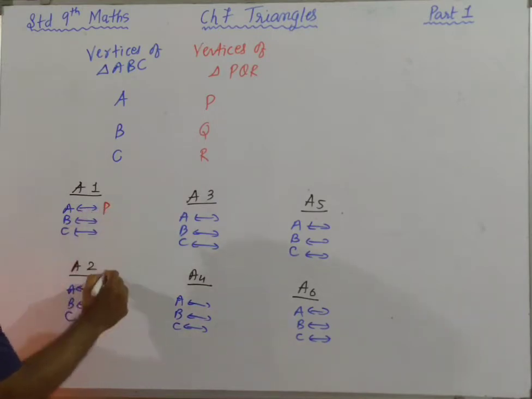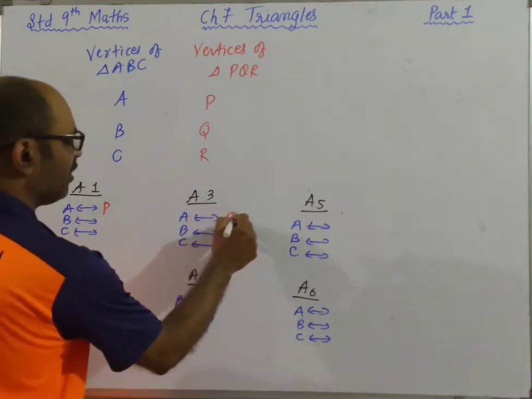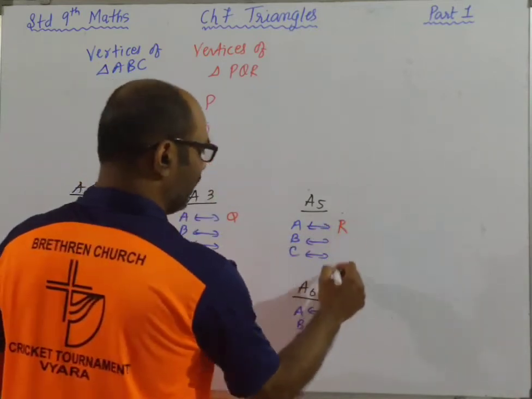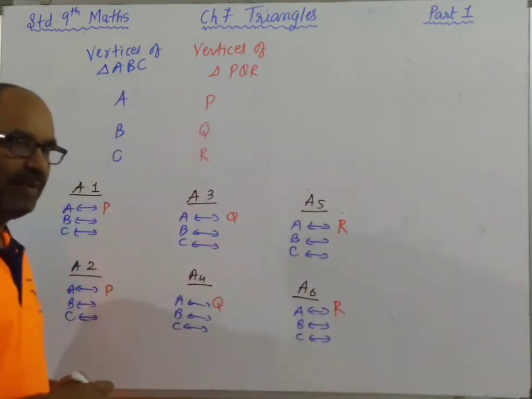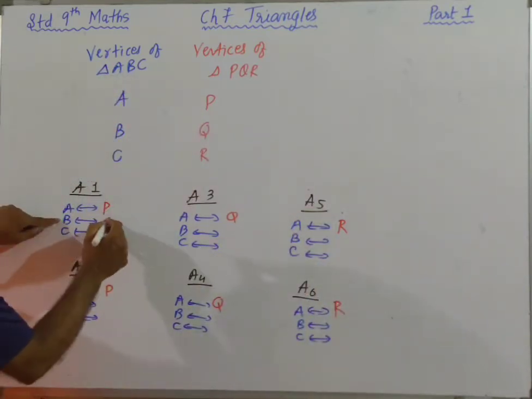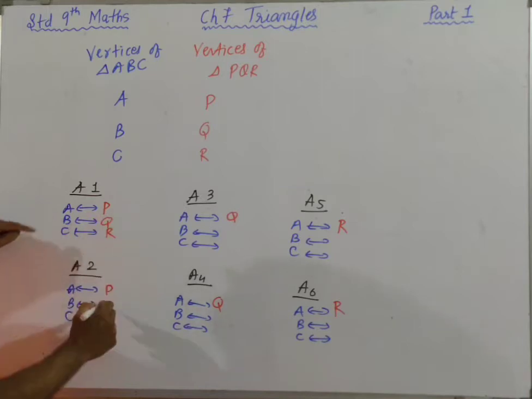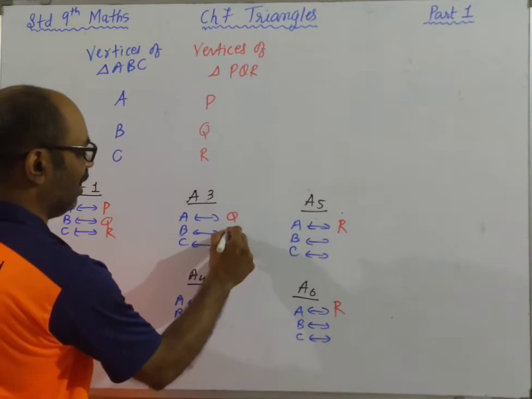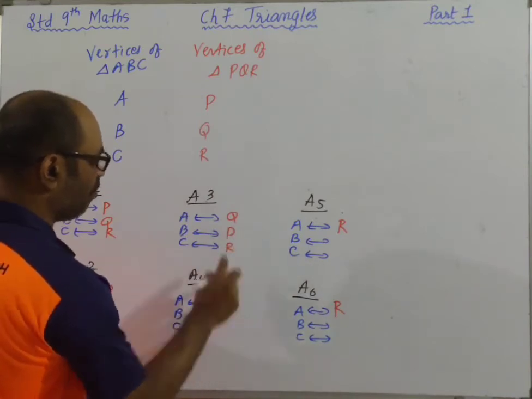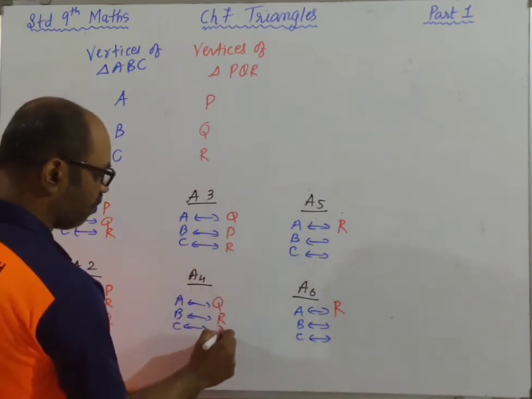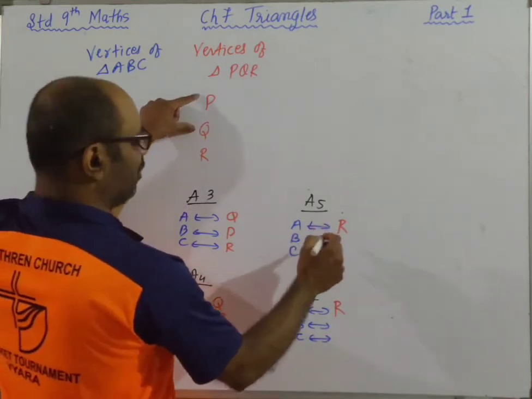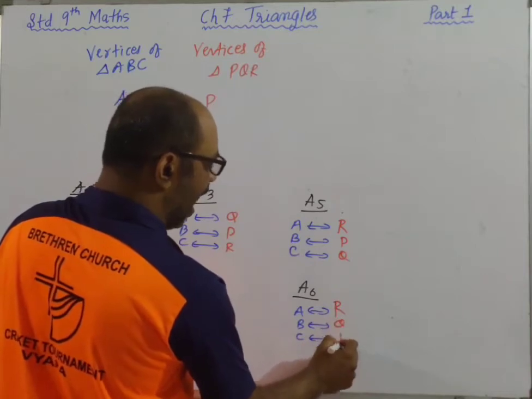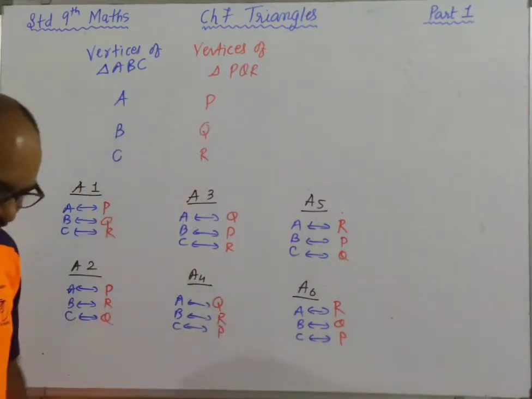So A associates with P, A associates with Q for the next 2 arrangements, and A associates with R in the last 2 arrangements. Now do this: after P comes Q and R, QR, then RQ. With Q, the remaining are P and R, write P and R, and alternate PR to RP. With R, the remaining are PQ, so write P and Q, and alternate PQ to QP. Did you understand, children?